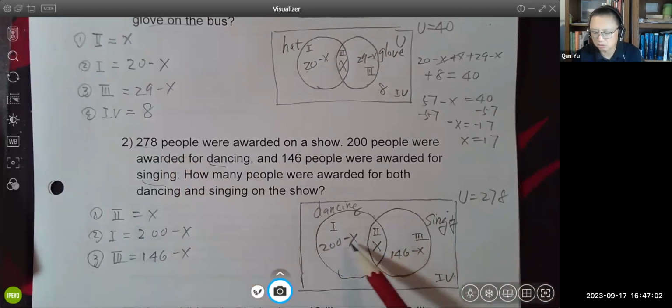So all of the 278 people are distributed in these 3 different regions. So now we need to solve the unknown by adding the 3 numbers together equal to that. Actually, this is 0.